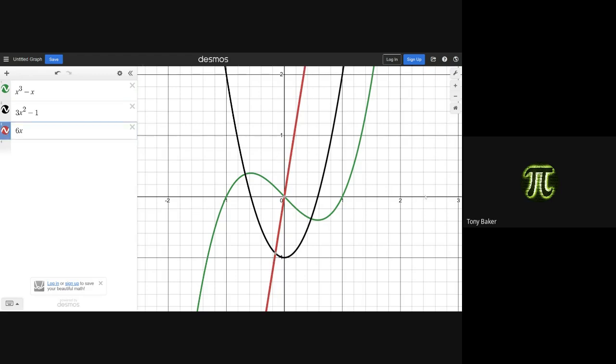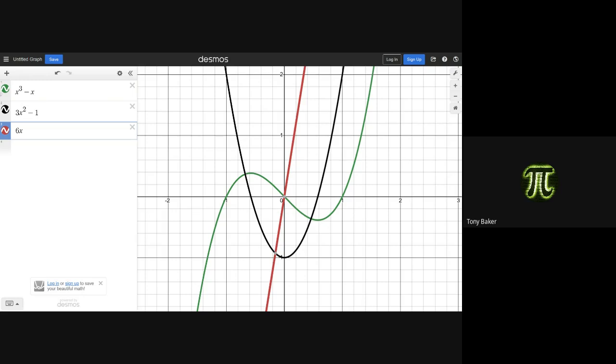What's the red line? Okay. So what do you think this line tells you about the graph? It's telling you the slope of the slope.